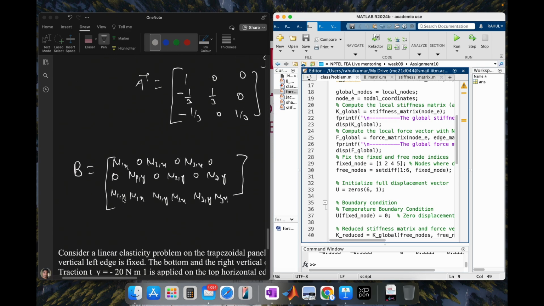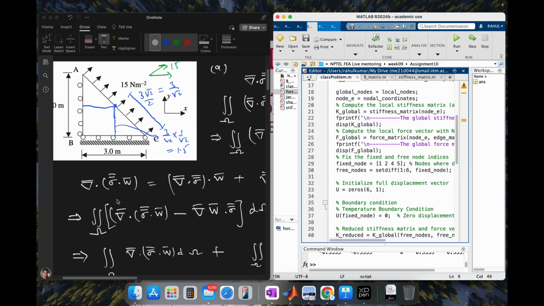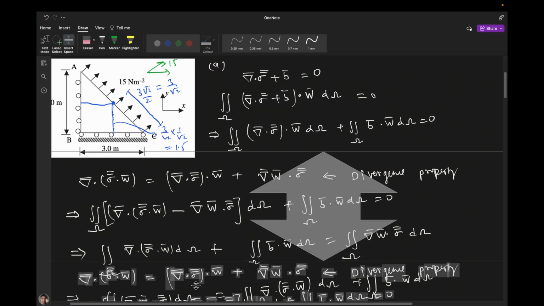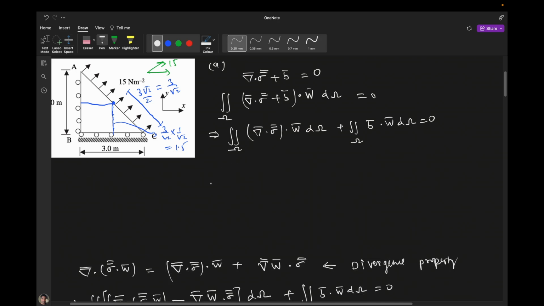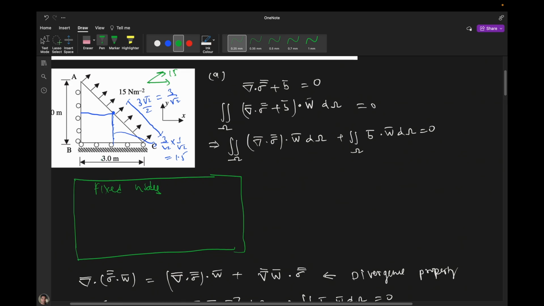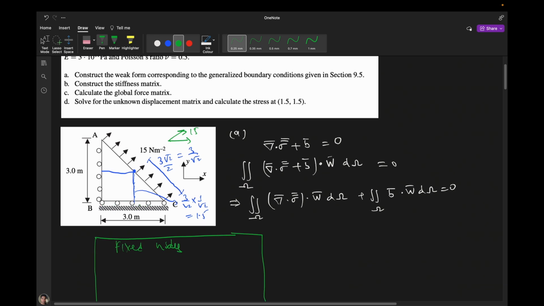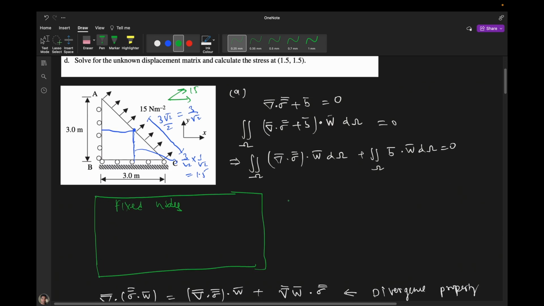Let's create some space here, and then we will see the fixed nodes. Let's mark first.